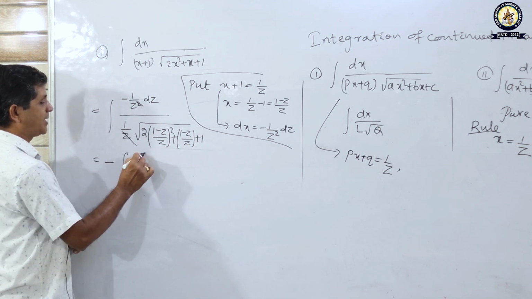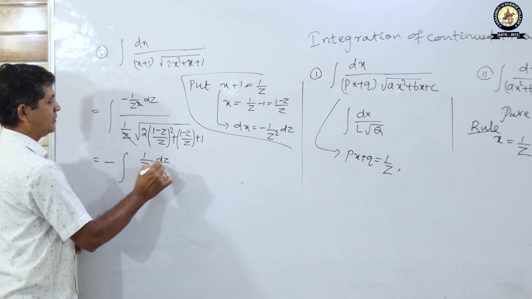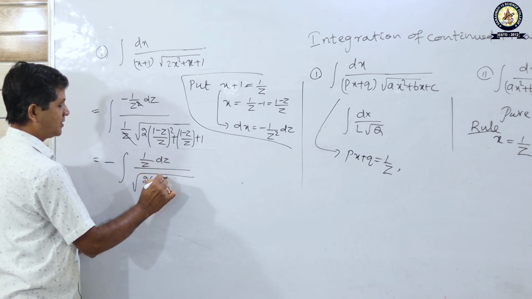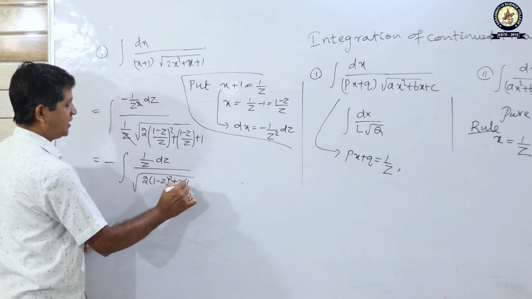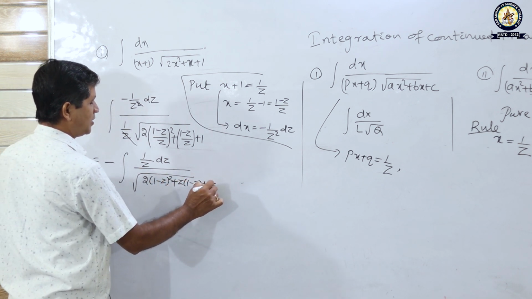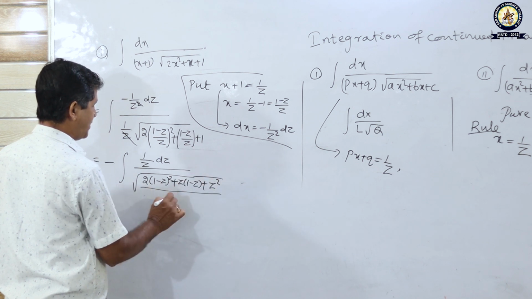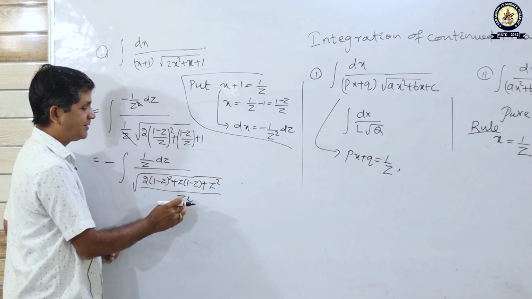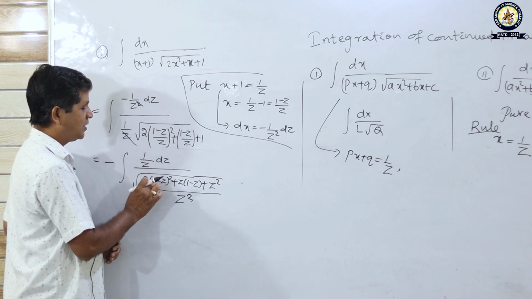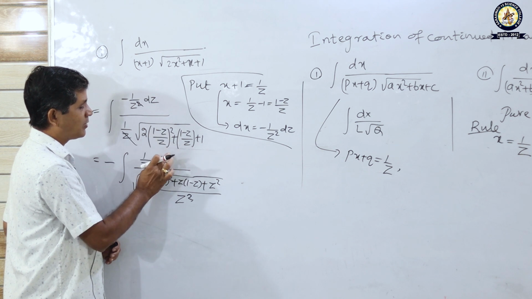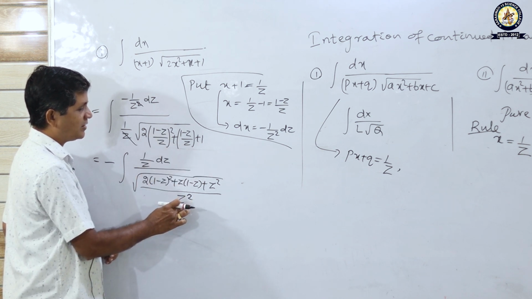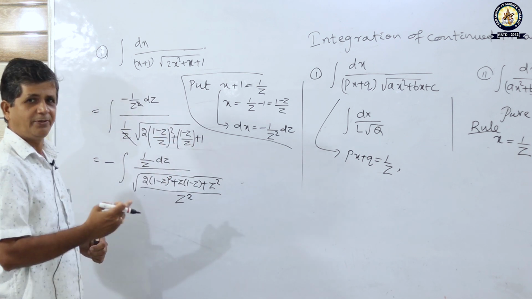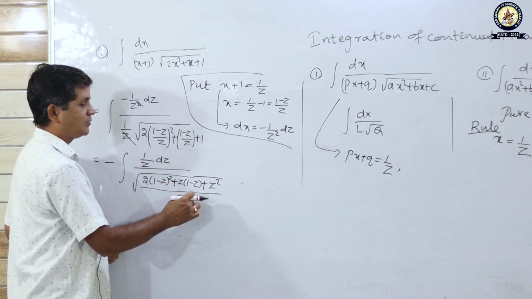Now minus will be taken out: 1 by z into dz divided by root over of 2 into (1 minus z) whole square plus z into (1 minus z) plus z square, all divided by z square. The LCM is z square, right? So 2 into (1 minus z) whole square, plus z square divided by z will leave z multiplied in the numerator, plus 1 into z square.